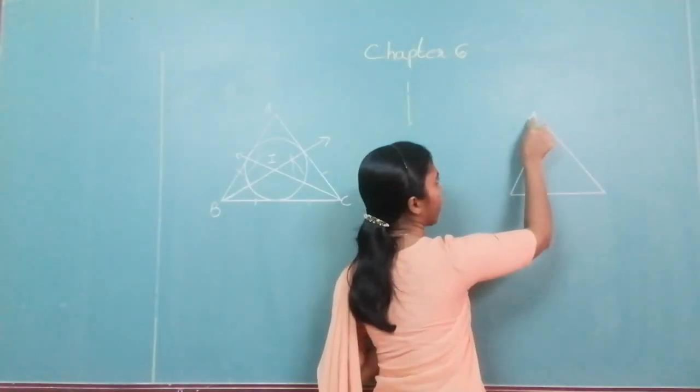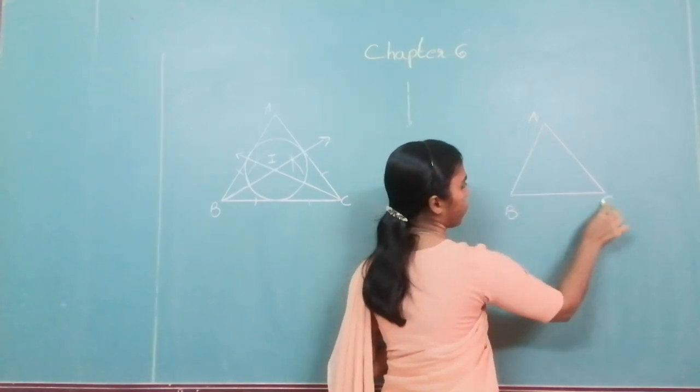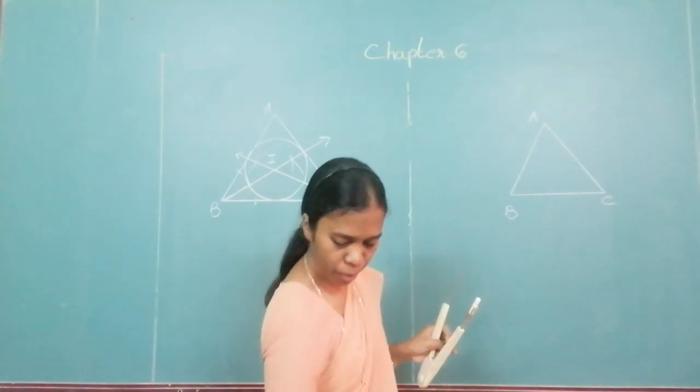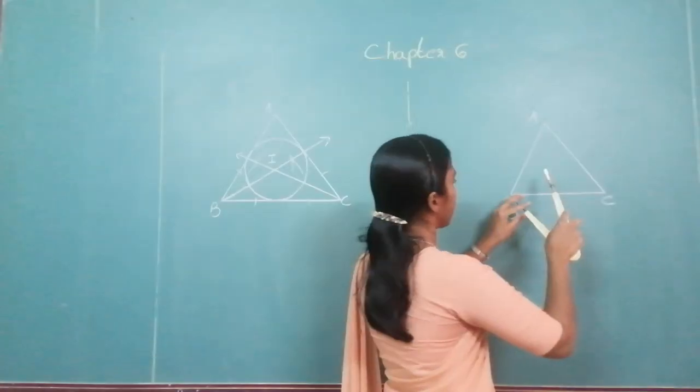I name this triangle as ABC. Let us draw the perpendicular bisectors.